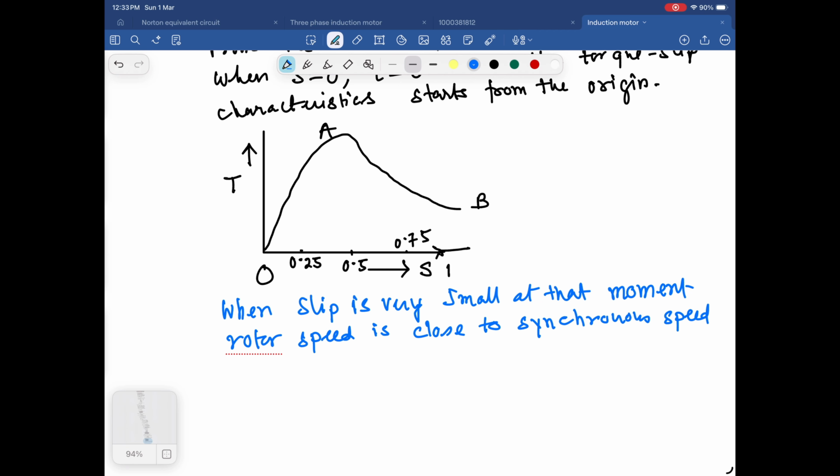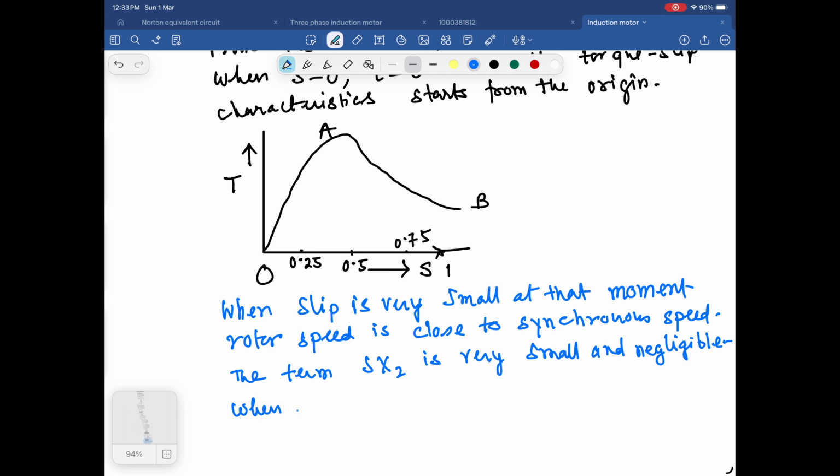So what we can see, when the slip is very small, at that moment rotor speed is close to the synchronous speed, because S is equal to Ns minus N by Ns. And the term S X2 is very small and negligible.